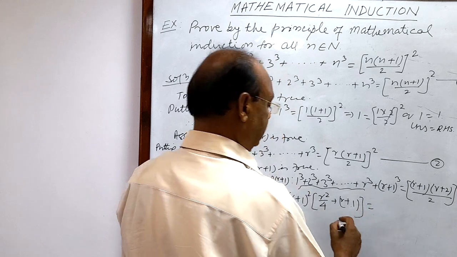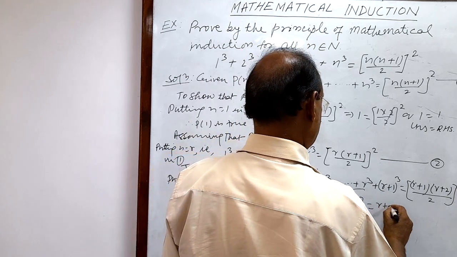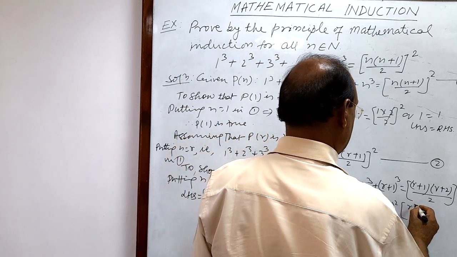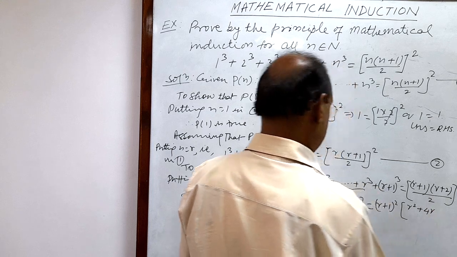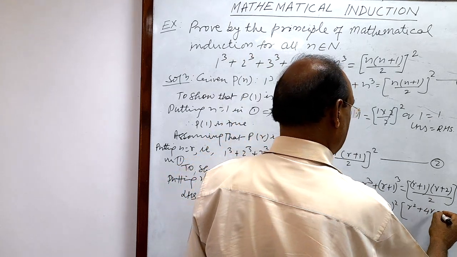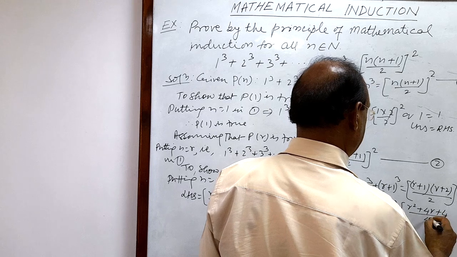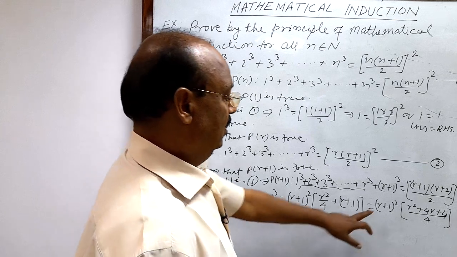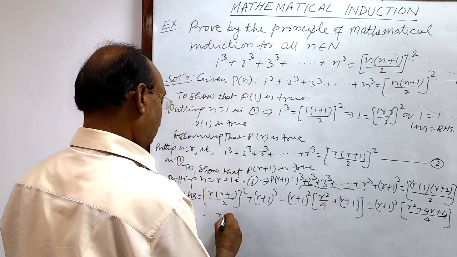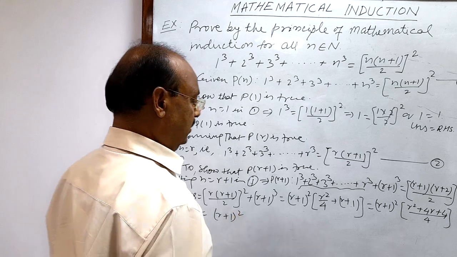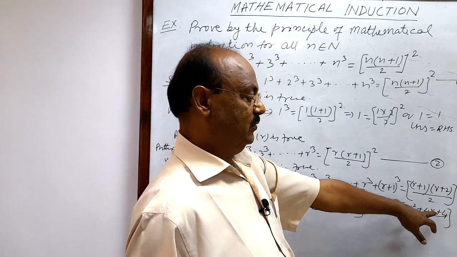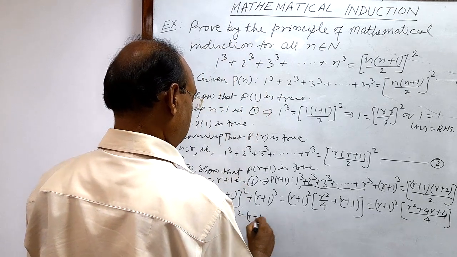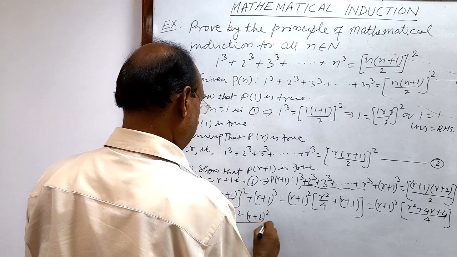We will simplify it further. So this is r plus 1 whole square, and this is r square plus 4r, taking LCM here, LCM is 4, 4r plus 4 divided by 4. Okay, now we are coming to the final step here. This is r plus 1 whole square, and this is r square plus 4r plus 4 which is r plus 2 whole square, and the denominator is 4.